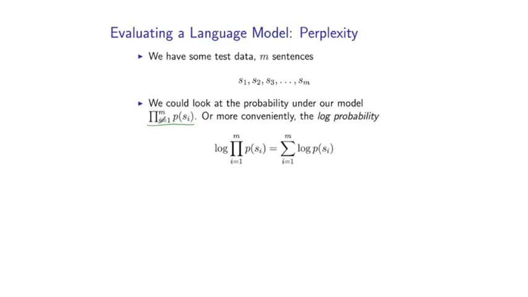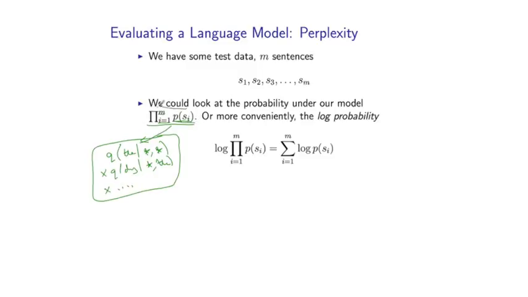So here I have a product from i equals 1 to m, p of s_i, where this p is itself some product of terms, for example, q of the given star star times q of dog given star the, and so on and so on. This function p is a function of our parameters. Now, a good language model, intuitively, should assign as high probability as possible to these test data sentences.